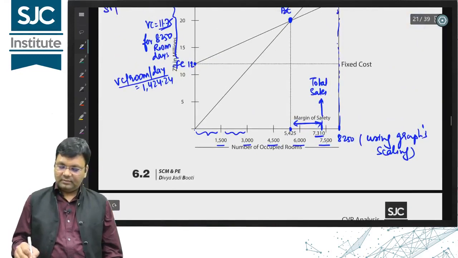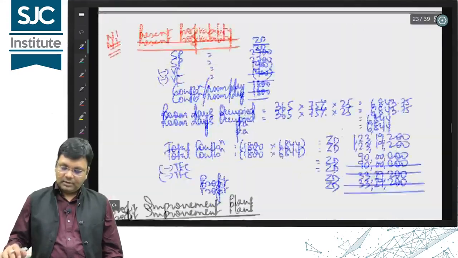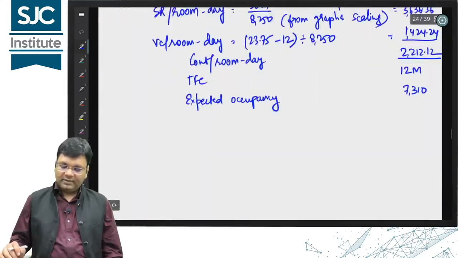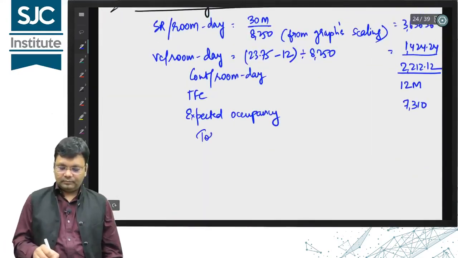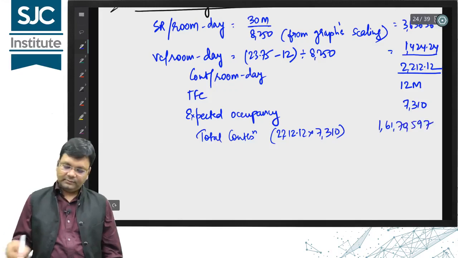This one, 7310. So if expected occupancy is 7310, what will be total contribution? 2212.12 into 7310. This is coming 161.7597 million.